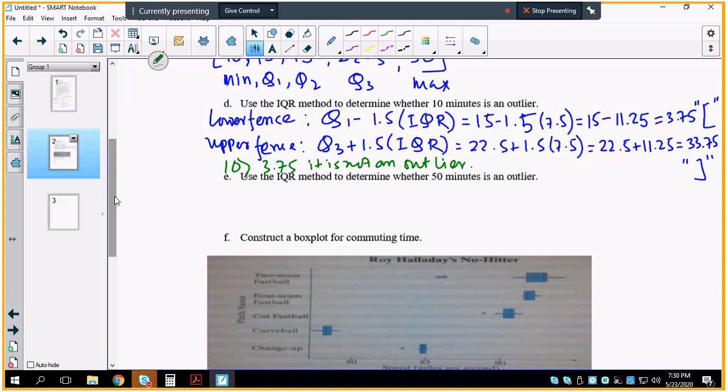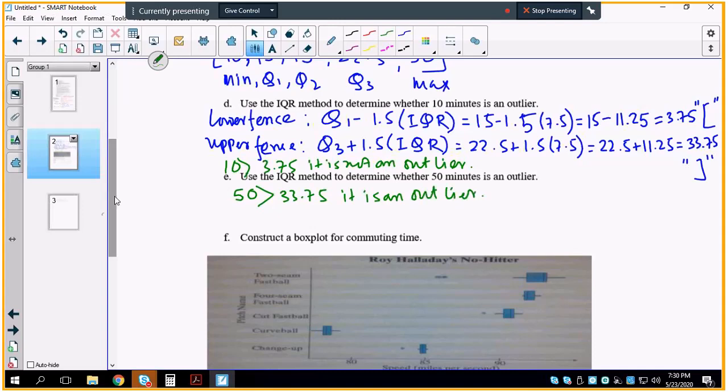Similarly, use the IQR method to determine whether 50 minutes is an outlier. So 50 minutes is actually, this time, crossing the upper fence, which is 33.75. And then it is an outlier.